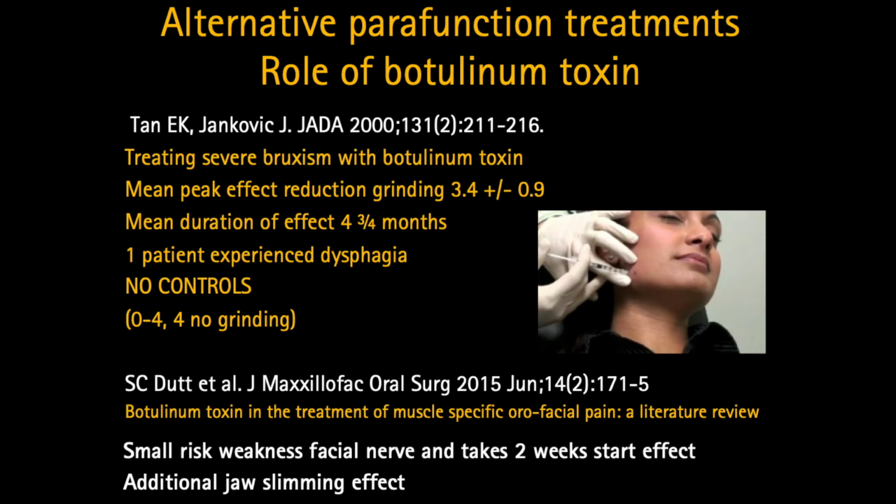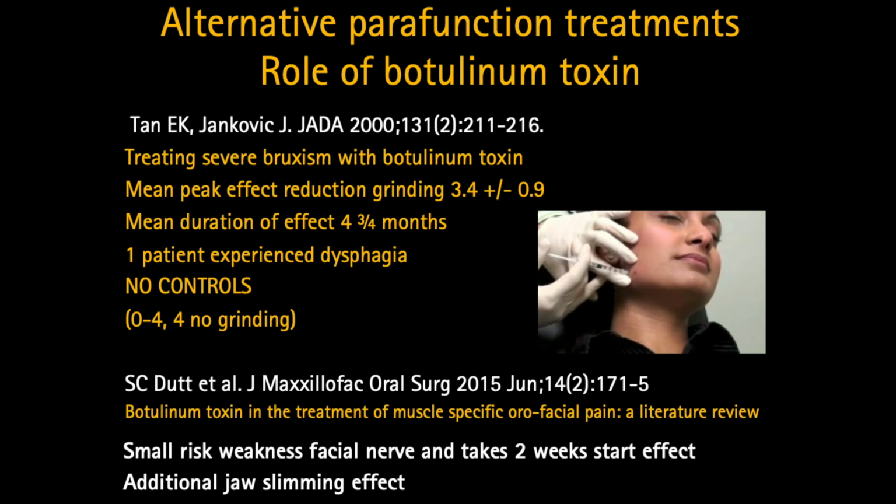In addition to that, what I'll also look at is not just splints and restorative, but let's look at some of the newer treatments as well. And certainly one of the newer treatments that we've got considerable experience with in my practice is the use of botulinum toxin, particularly for those patients who have severe masseteric clenching.